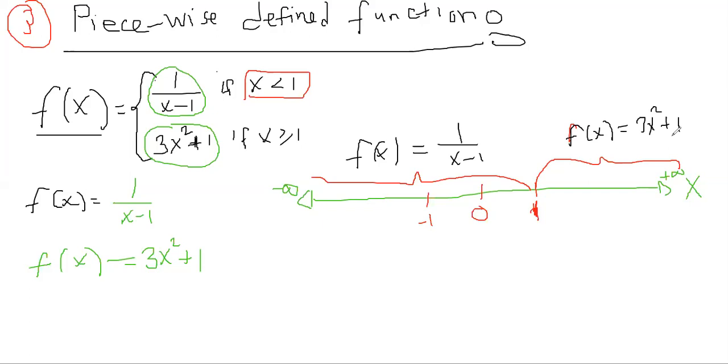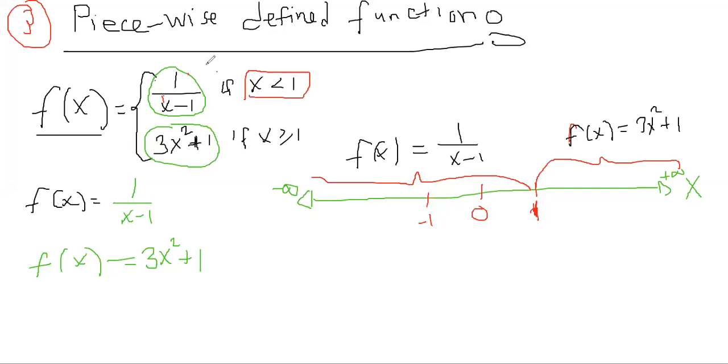Sometimes we use a piecewise defined function to avoid division by 0. You will realize that if x equals 1 in the first part, it will lead to division by 0, and it will be undefined. To avoid that, they stop the behavior of the function before it reaches 1 for this one.